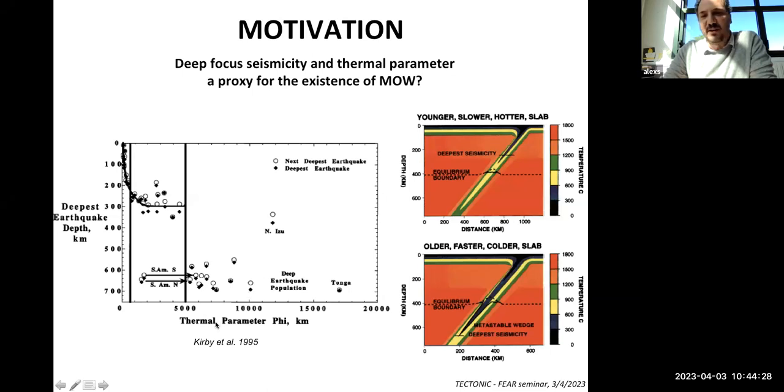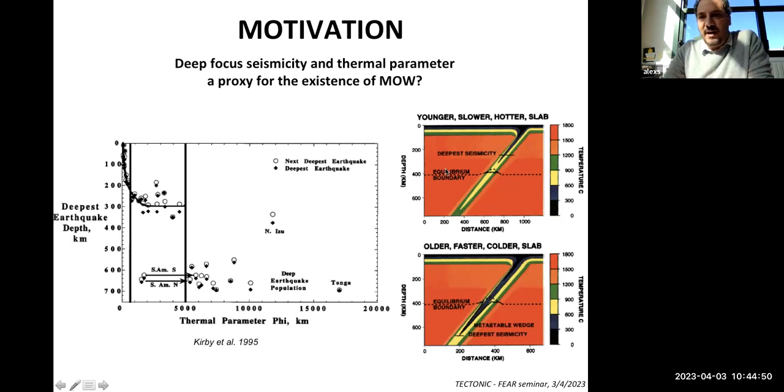So the thermal parameter exactly is the age of the plate at the trench multiplied by the vertical velocity, the descent rate. Basically, you see that for thermal parameters below 5,000, there is no transition zone earthquake, and above 5,000, you start to have earthquakes in the transition zone.